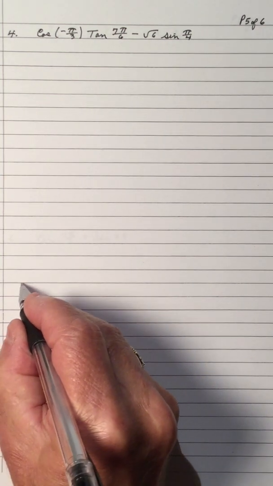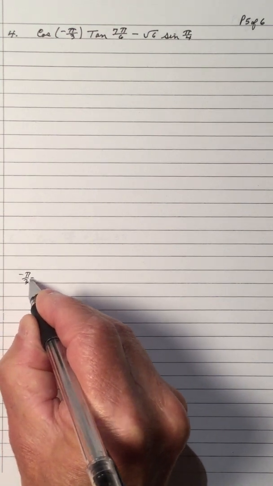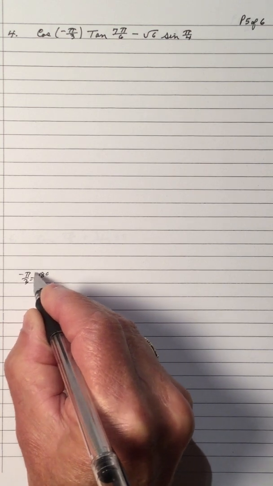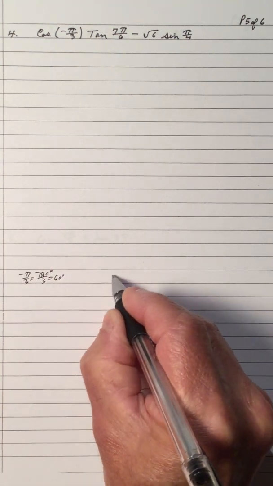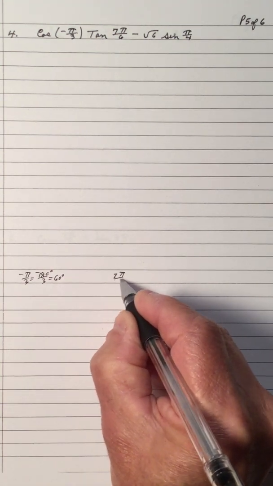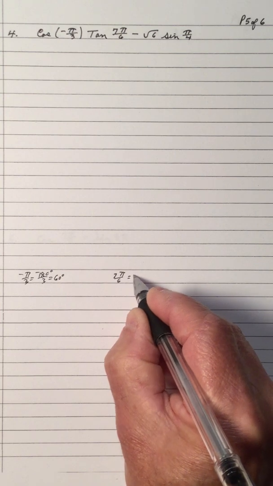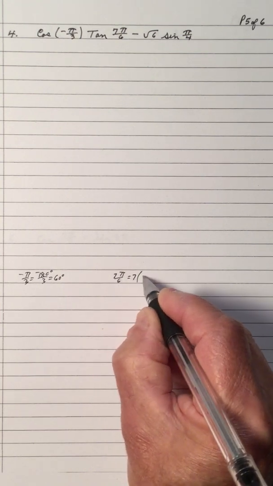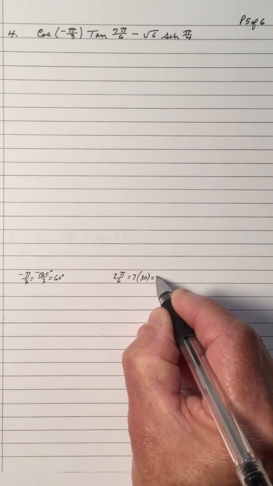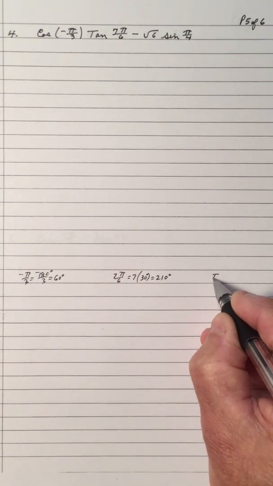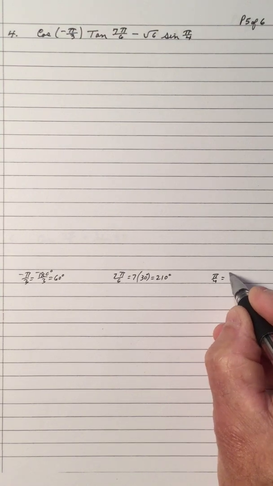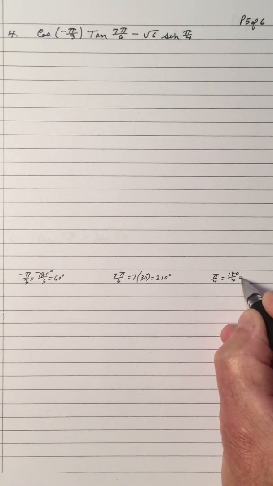So here we go. Let's do negative pi over 3. So that's negative 180 over 3, so that's a 60. We got a 7 pi over 6. Pi over 6 is a 30, so that's 210. And we have a pi over 4, that's 180 divided by 4, so that's a 45.